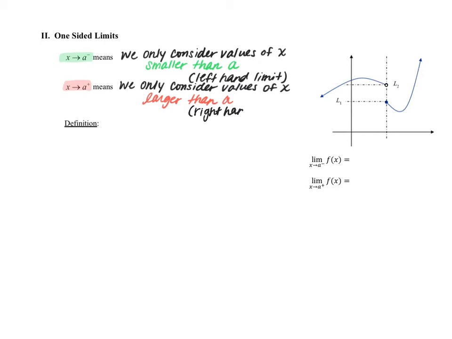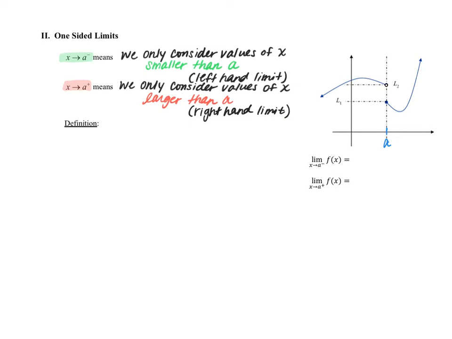So let's use the graph at the right and compute each of these one-sided limits. So the first is saying let's compute the limit as x approaches a from the left of f of x. So on this graph, I'm considering a to be this x value here.